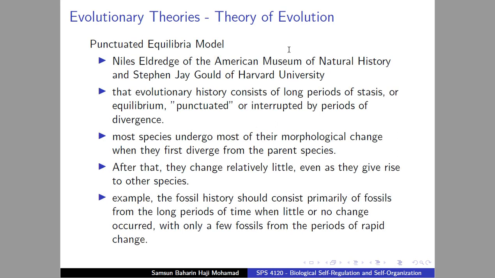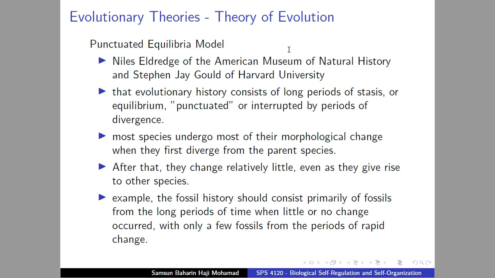The other model is the punctuated equilibrium model, introduced by Niles Eldredge of the American Museum of Natural History, which consists of a long period of stasis or equilibrium punctuated or interrupted by periods of divergence. Maknanya new species boleh dihasilkan.